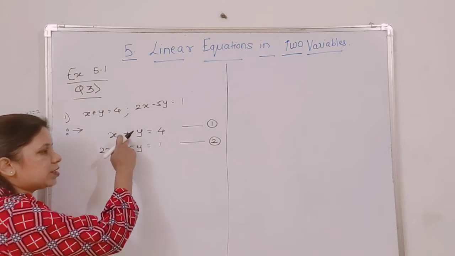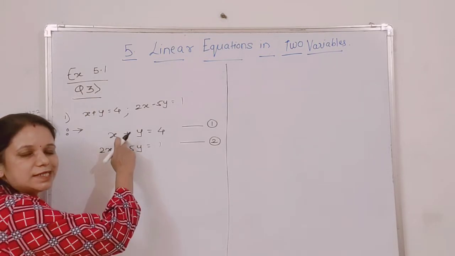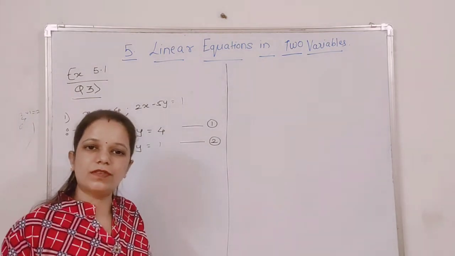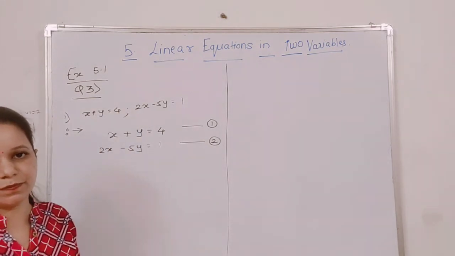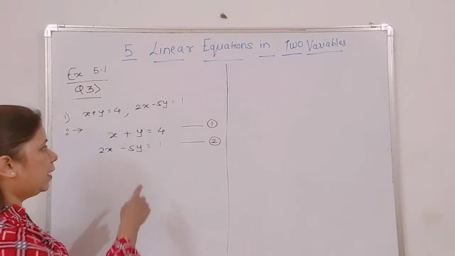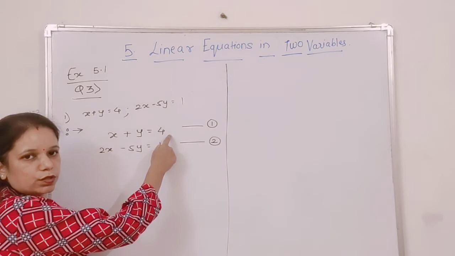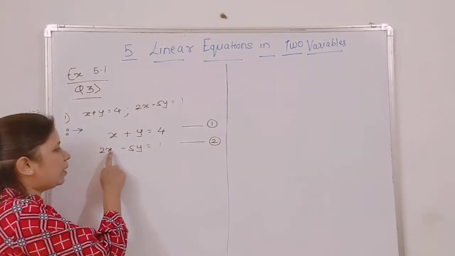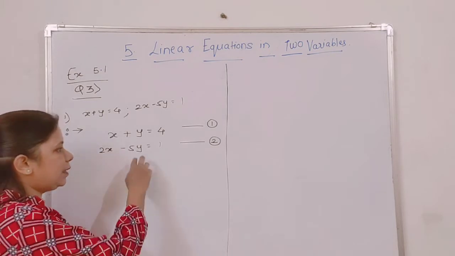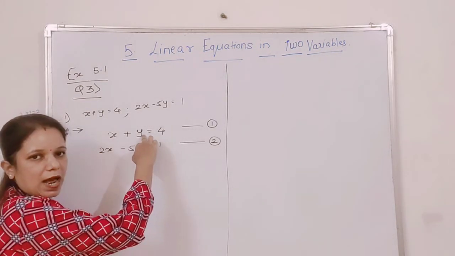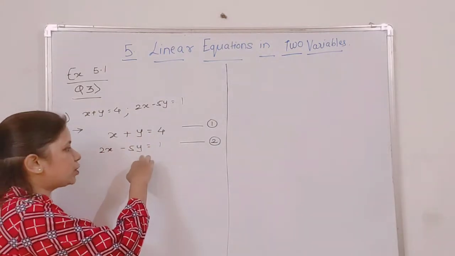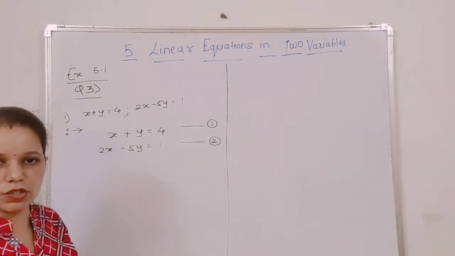This is also correct, but if we see carefully, there is a small trick here. For the equations which have opposite signs, if we make the coefficient of that variable the same, it will be easy for us. For example, x plus y equal to 4 and 2x minus 5y equal to 1. The sign for variable y in the first equation is opposite to that in the second equation.